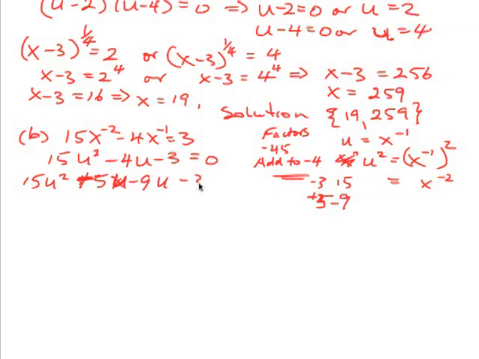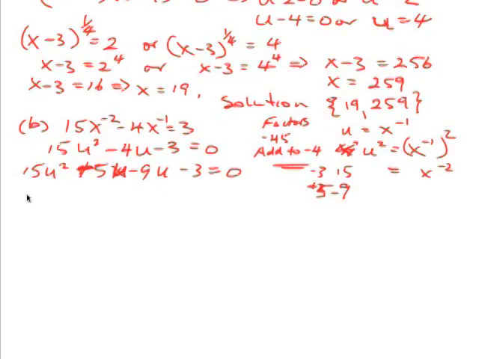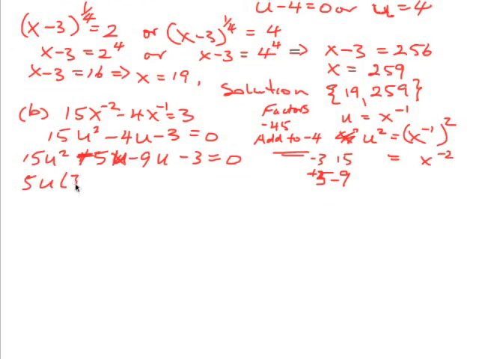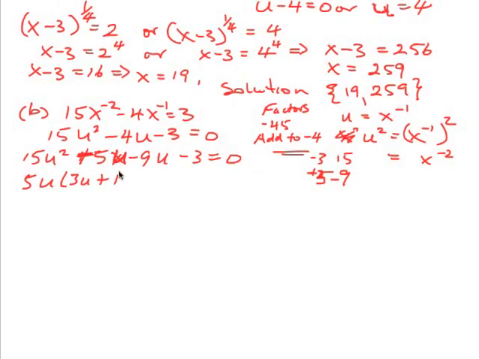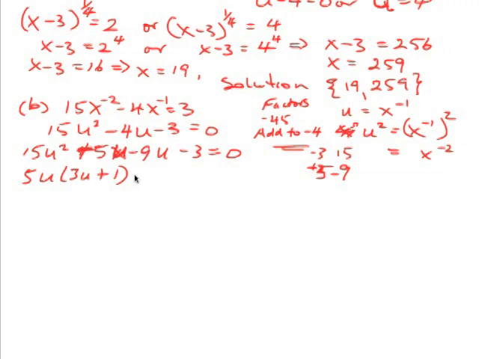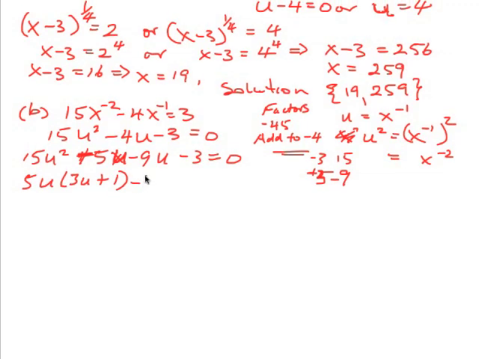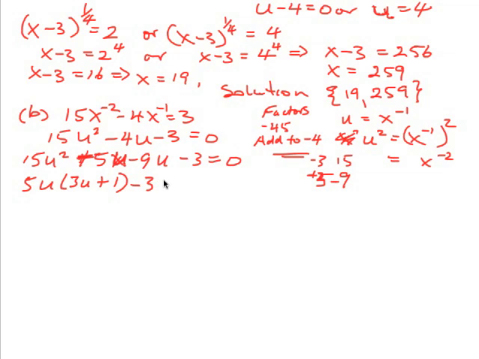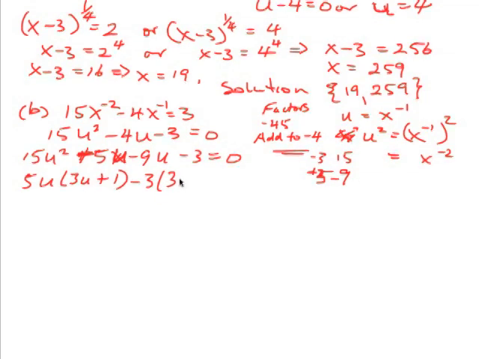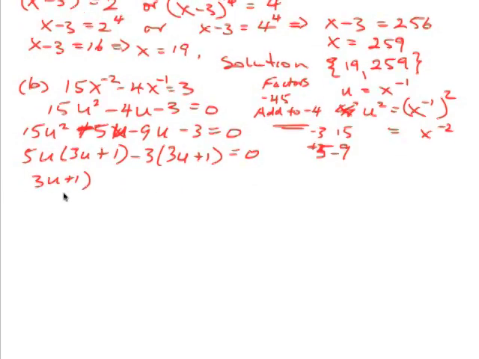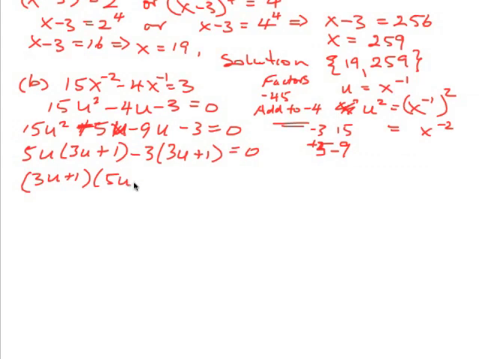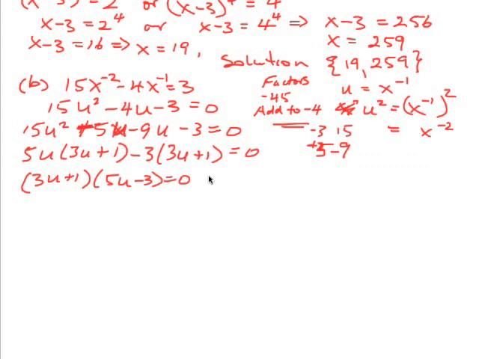Minus 9u minus 3 equals 0. So if we take out a 5u now, we'll end up with a 3u plus 1. And if I take out a negative 3, I will get a 3u plus 1. Okay, so here we'll have a 3u plus 1 by a 5u minus 3 equals 0.